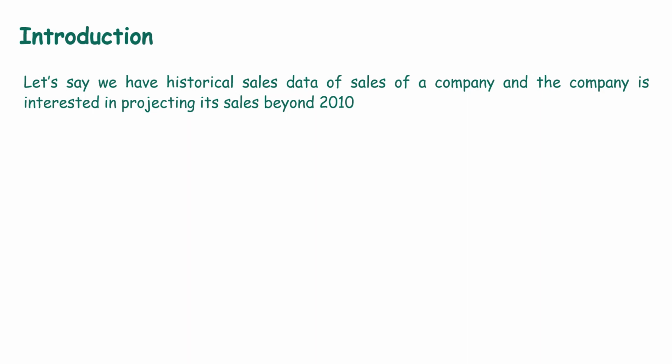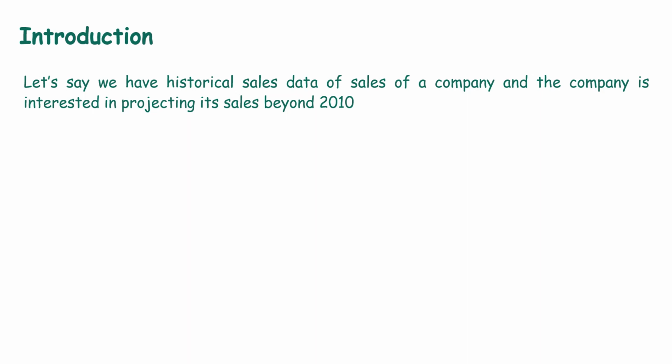The company is interested in analyzing the trend of the data, and the second objective is to find projections for its sales data. Any company in this world, or different fields of statistics, is interested in projecting future values based on the historical values.